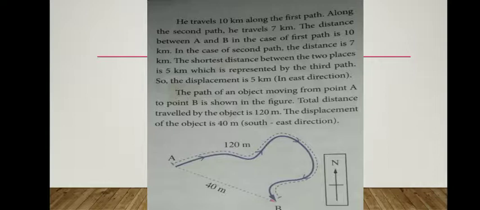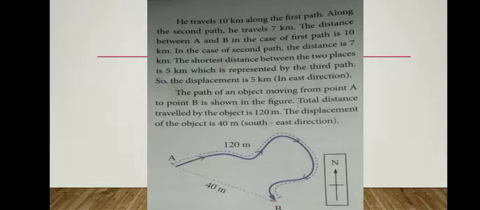Here is one more picture for you: the path of an object moving from point A to point B. The total path is 120 meters, because there is no straight way, so we have to travel 120 meters from A to B. That is what we call distance.